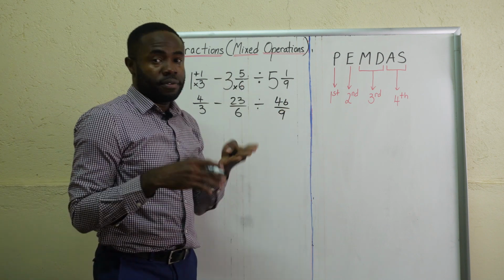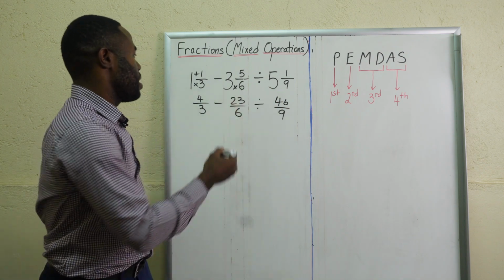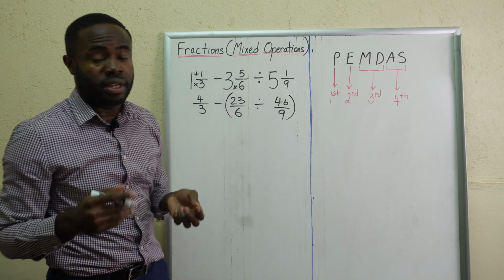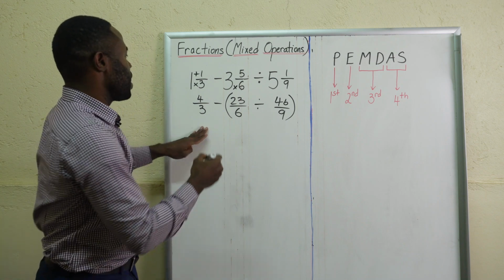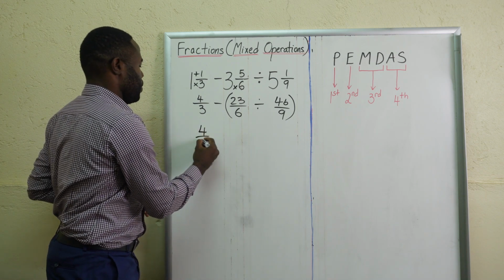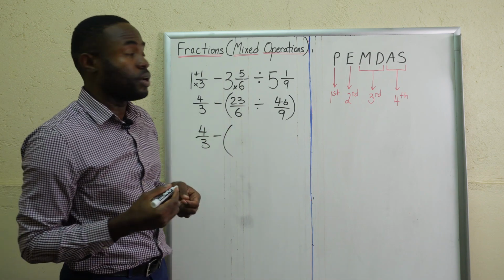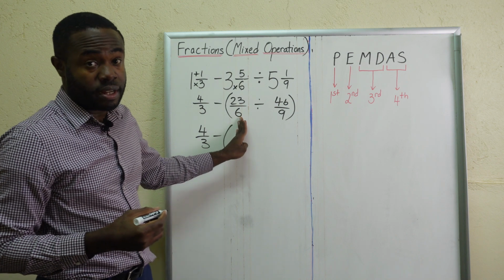Now, you don't have to do this, but I'm recommending it. Given that we're going to divide first, I'm encouraging you to put that portion of the question in parentheses so you can zoom in and focus on that. So we're going to write back the 4 over 3 minus, and then let's focus on what's in the bracket. Now, remember, when we're dividing, we write back the first fraction as is.